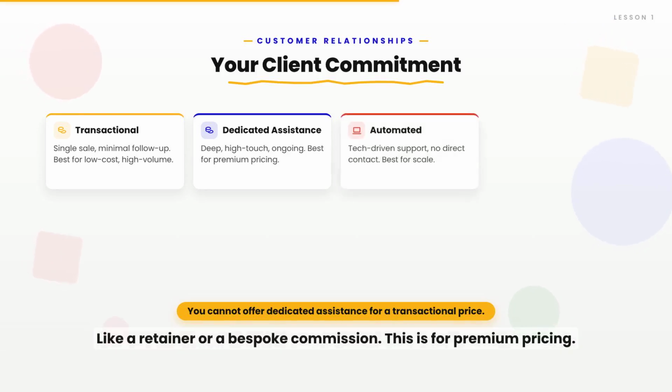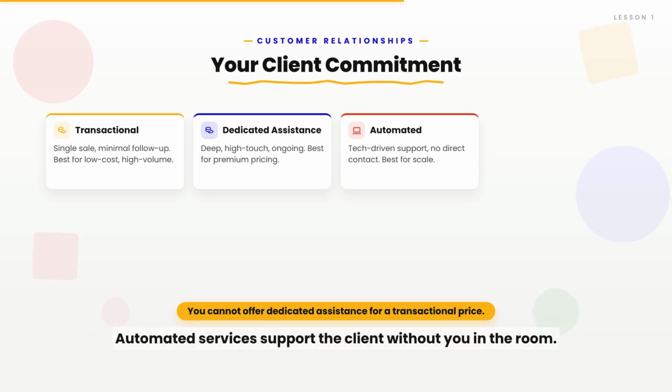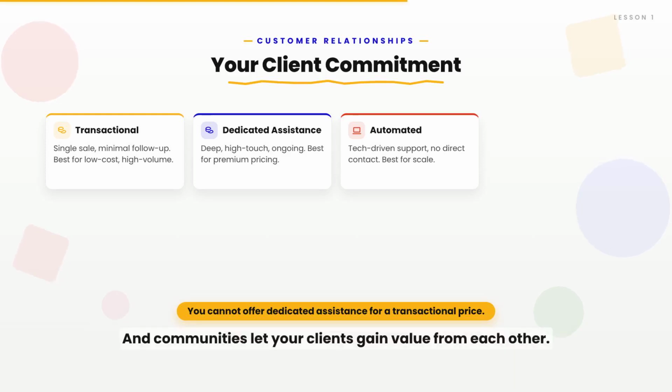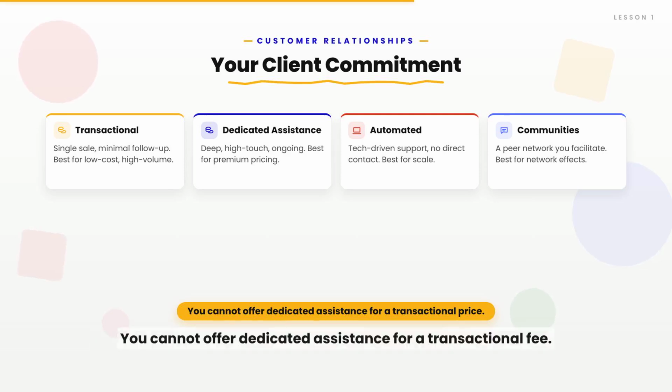Like a retainer or a bespoke commission, this is for premium pricing. Automated services support the client without you in the room. And communities let your clients gain value from each other. One rule ties them together. Your relationship must match your price. You cannot offer dedicated assistance for a transactional fee.